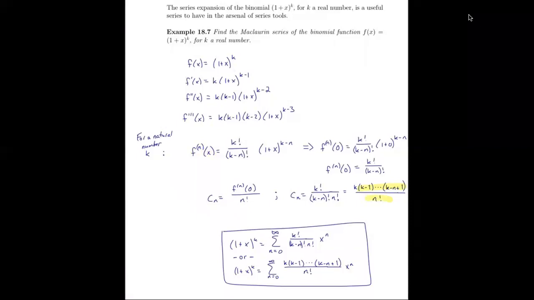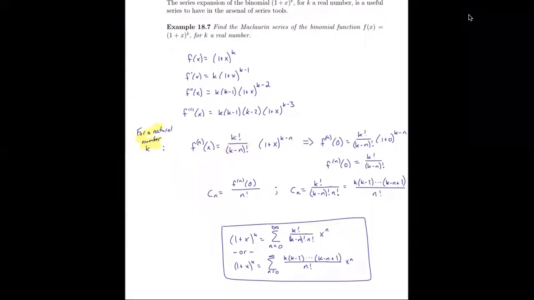The book does have this factorial notation that we have here. And we'll talk about what that means in terms of a natural number and what we can do. Of course, we're thinking about things in terms of a natural number here. But anyway, we've got our coefficients, our constants taken care of here.